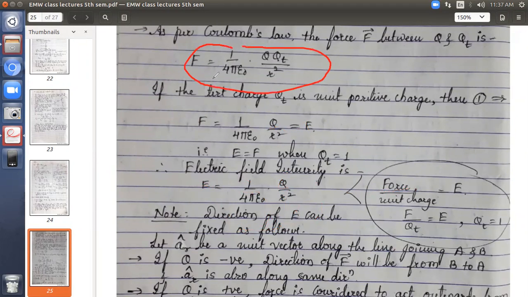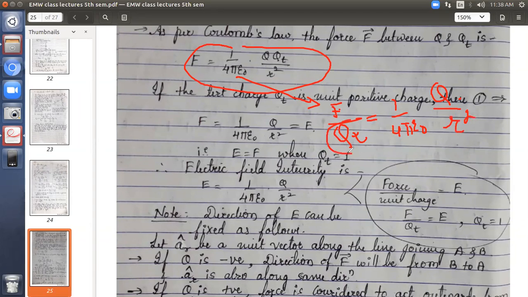Okay, what I will do to this equation, let me show you. F divided by Qt. What will your equation be? 1 divided by 4 pi epsilon naught as it is, charge Q, and Qt I have taken to the denominator on the force side, divided by R square.